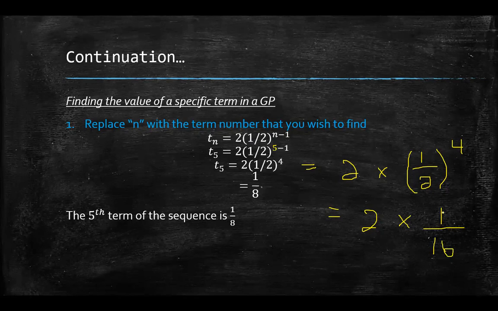So a half raised to the power of 4 is 1 on 16. 2 by 1 on 16 is 1 on 8. That's how I got this. Understand? Okay, good. So the fifth term of this GP is 1 on 8. That's it.